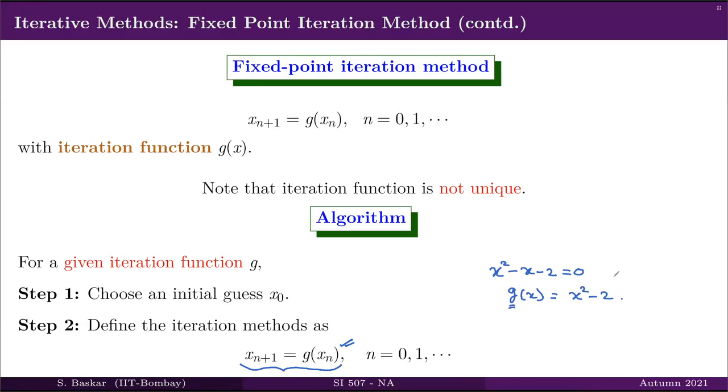Why? Because x equal to g of x will happen to be x equal to x square minus 2, and that will give you x square minus x minus 2 equal to 0, and therefore a root of this equation is equivalent to a fixed point of the function g, right?